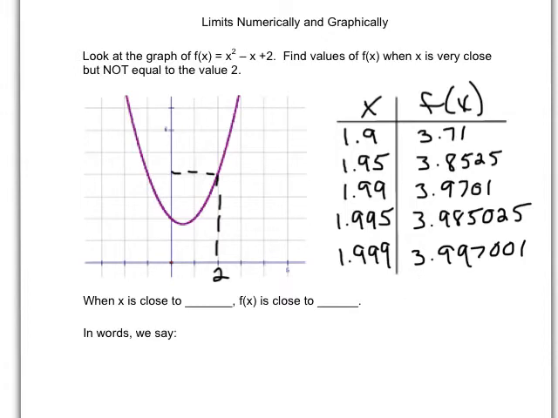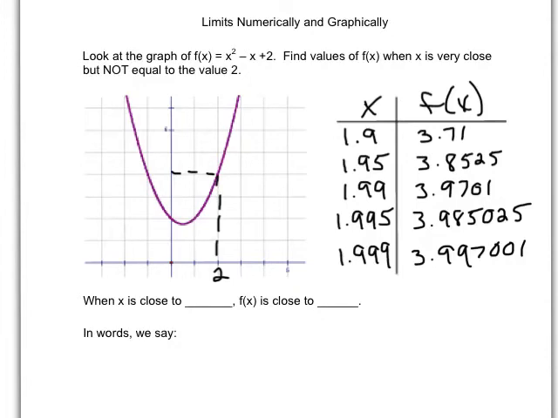Now graphically, we can see the same thing. As I approach 2 along here, my y value is approaching a value of 4. I don't have to be at 2, I just have to be near 2. When my x value is near 2, my y value is near 4. Believe it or not, that is the concept we're going to talk about today.